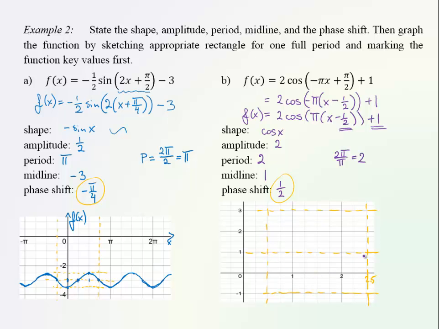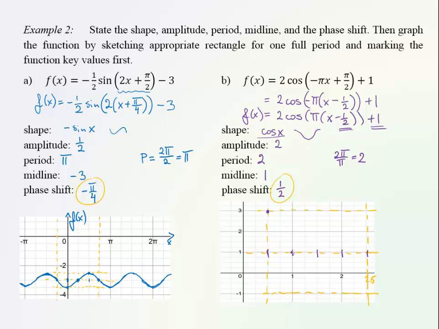So in order to draw this function, again, let's divide this full midline segment into 4 equal sections and follow the shape of cosine, which starts from the top, goes towards 0, bottom, 0, and the top.